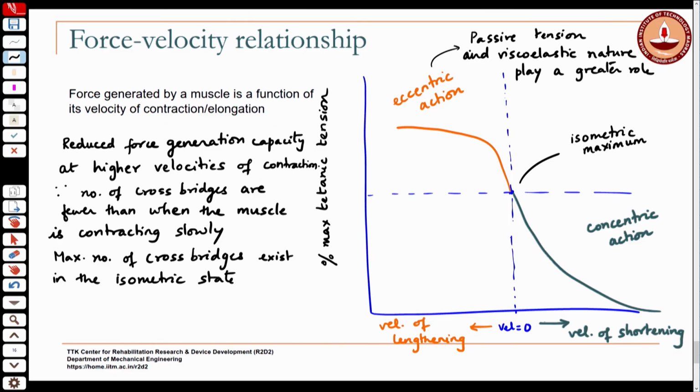So if I choose to pick up something that is light and I choose to pick it up slowly, the number of cross bridges is fewer, because I only need to recruit as many as are needed to perform the action, so I am not really operating at the maximum.